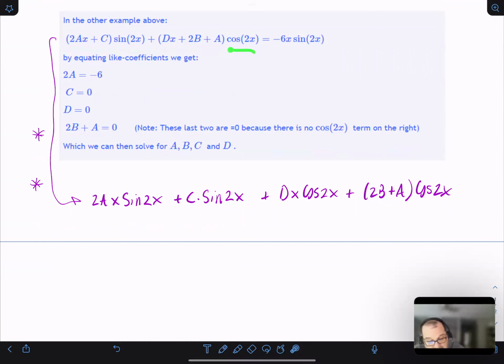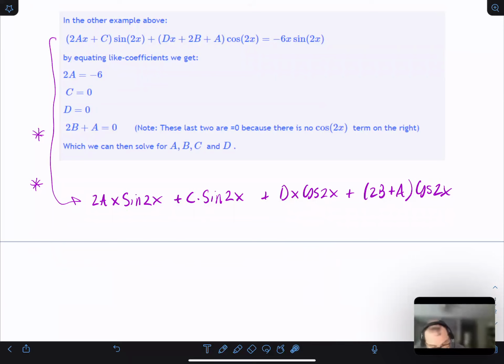That is what I have on my left-hand side. I really need to understand this as being 4 terms. There's an x sine 2x term, a just sine 2x term, an x cosine 2x term, and a just cosine 2x term. So if we are equating to the other side of our DE here, I have an x sine 2x term.